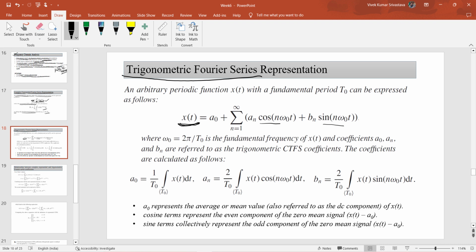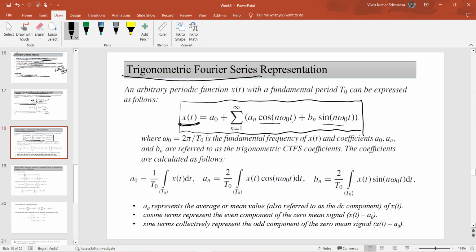For this we use the expression x of t equals a naught plus summation n equals 1 to infinity a n cos of n omega naught t plus b n sine of n omega naught t.